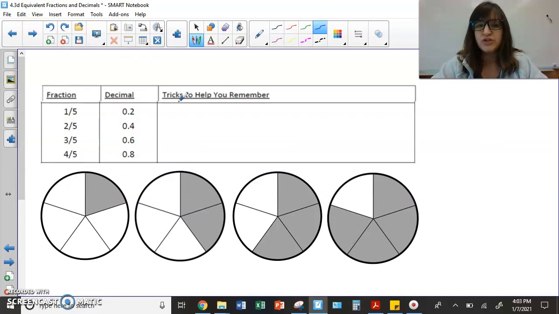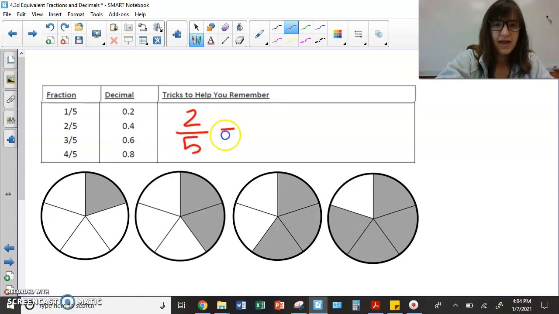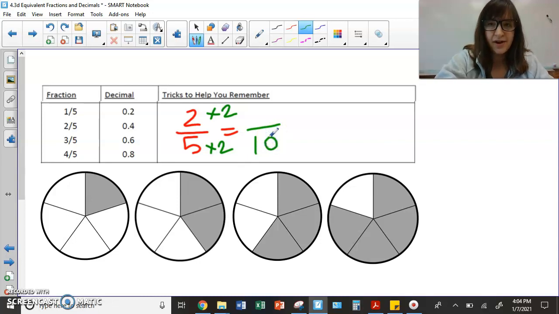When we're memorizing fifths, we need to change those fifths into tenths. Once we change them into tenths, then we can put those in decimal form. So for example, if I have 2/5 and I multiply my numerator and my denominator by 2, because 2 over 2 is multiplying by 1 whole to get an equivalent fraction, now I have tenths, and 2 times 2 is 4.